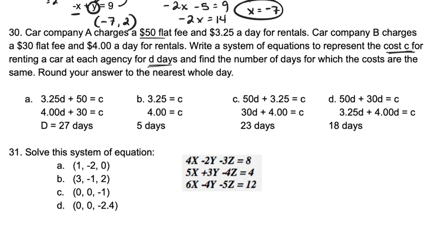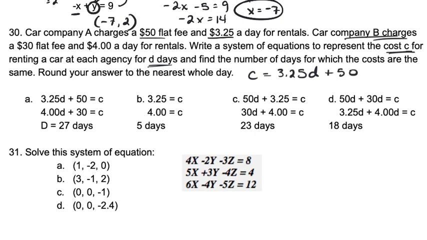So flat fee, their slope, $3.25 per day. So charges is 3.25 times days. So it's like dollars per day. When you take it times days, the days cancel, just giving you dollars. Hopefully that tracks for you. But I think it gets cluttered sometimes when we put all those in there. So it's just 3.25D, and then plus this $50 flat fee. So that's one of the equations.